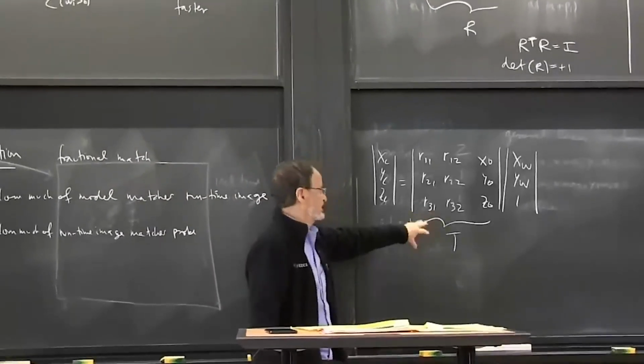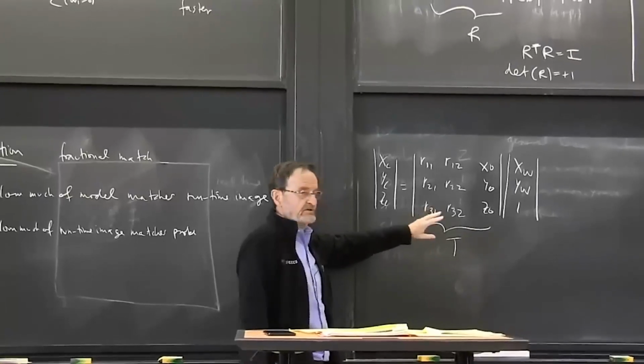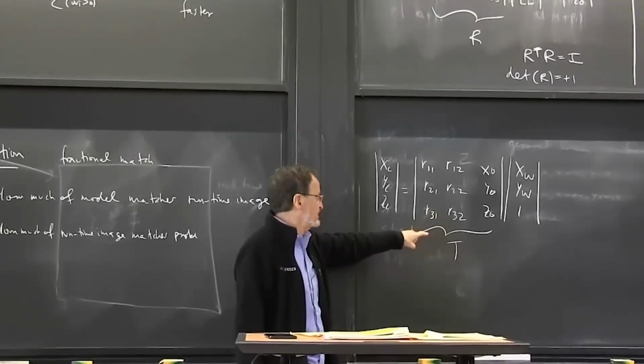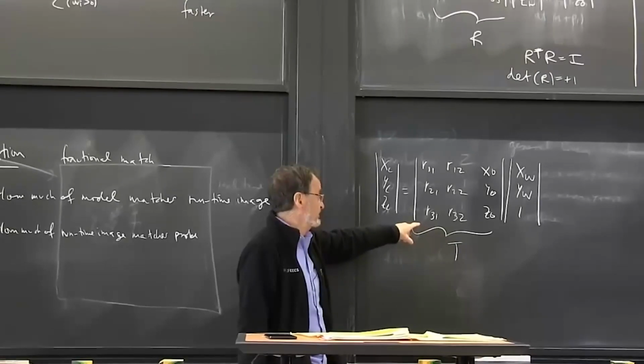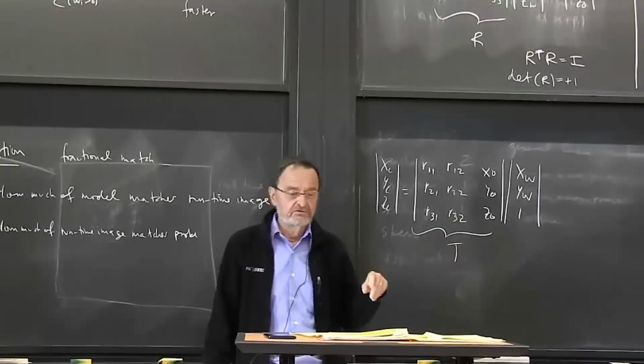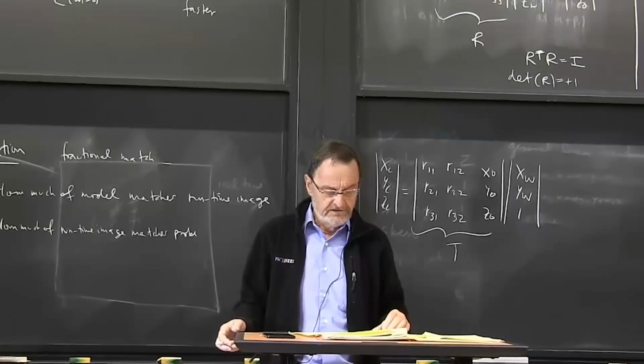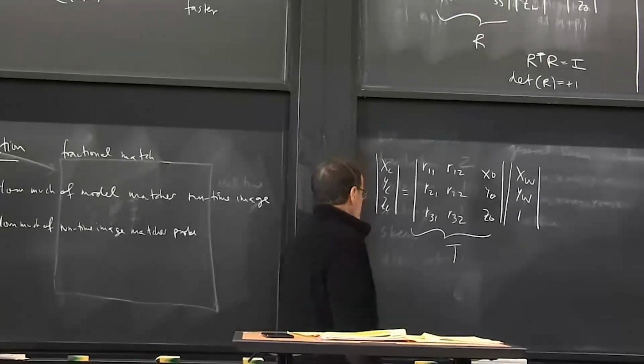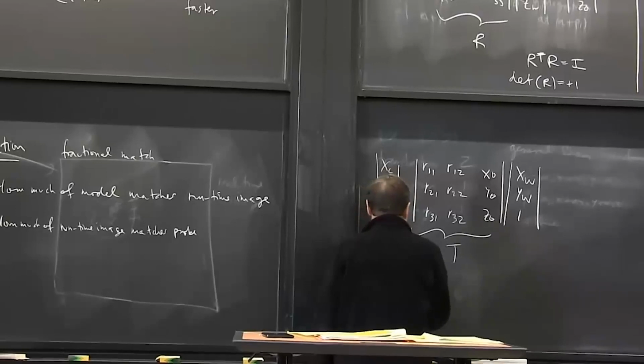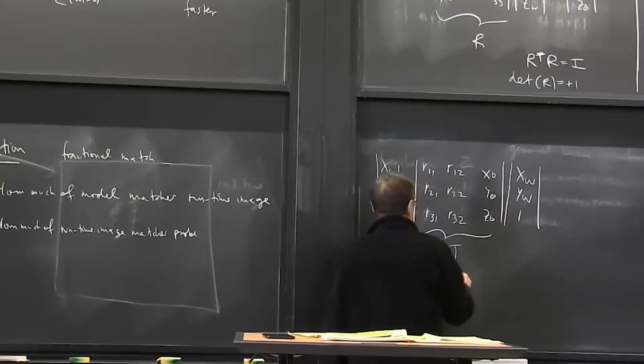Somehow we find this 3 by 3 matrix, and then we're done. Well, no, because this is a matrix with 9 independent elements, which is way more than the transformation deserves. And so actually we need to enforce some constraints.